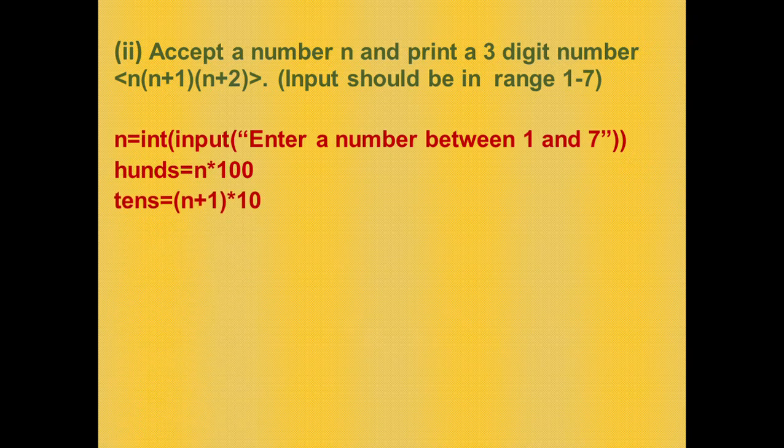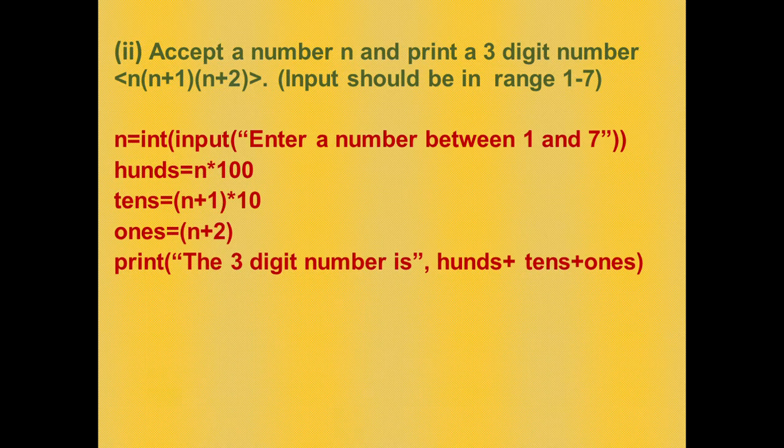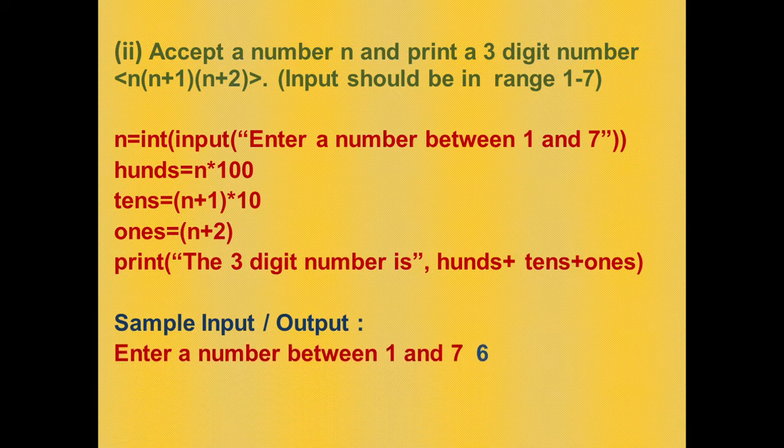The tens place is calculated as n plus 1 star 10. And the ones place is calculated as n plus 2. The print statement is given. See the sample input output. So I am giving the number 6. The 3-digit number found will be 678.